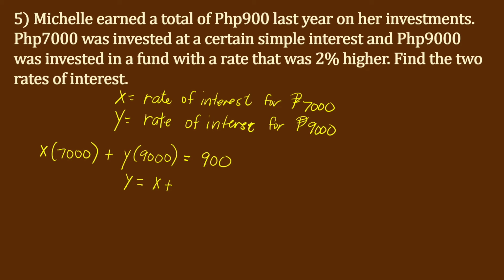So, 2% higher in decimal, that is 0.02. So, x plus 0.02 is the equivalent of y. Okay?